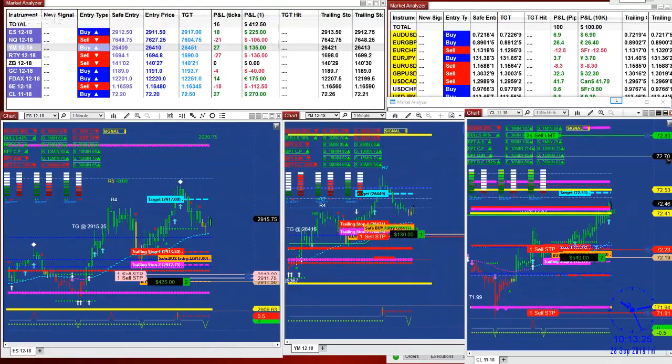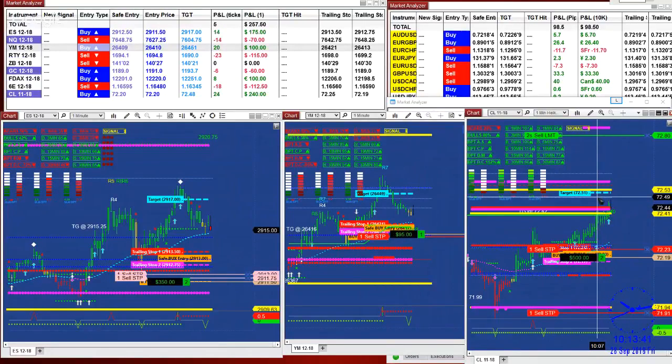The problem is we are coming into an area where this market is going to get stuck between 72.54 and 72.44, and that is not tradable. So there is a certain time where this market is not tradable.